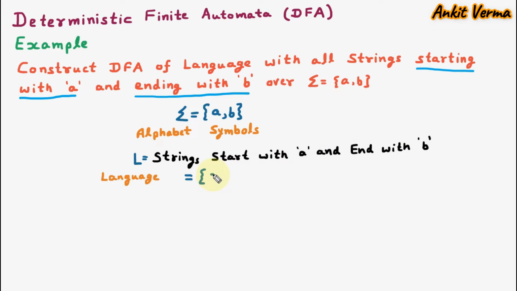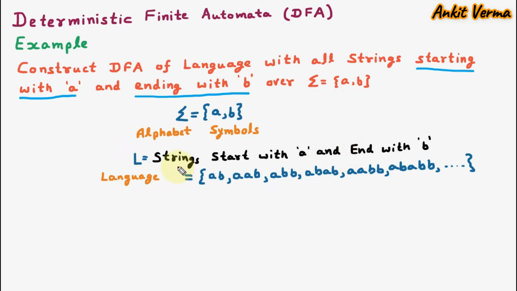The minimum string is AB: at the start we have A, at the end we have B. Then AAB, which again starts with A and ends with B, then A two times B, then ABAB, AABB, or ABABB. There are various possible strings, and they are infinite in number.